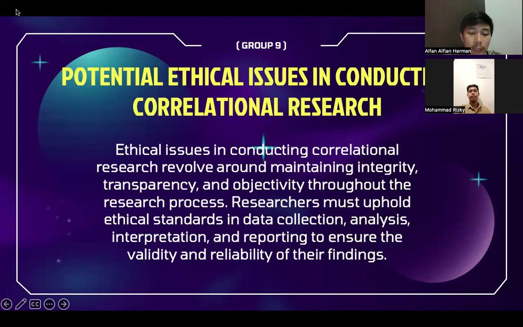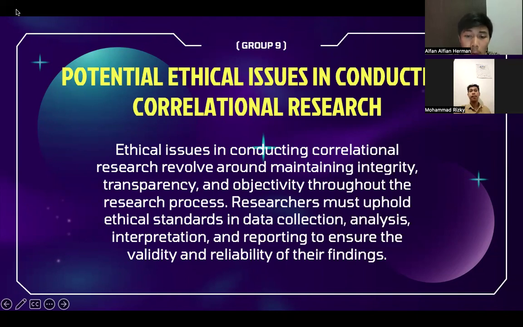Okay, the next material is potential ethical issues in conducting correlational research. Ethical issues in conducting correlational research revolve around maintaining integrity, transparency, and objectivity throughout the research process.